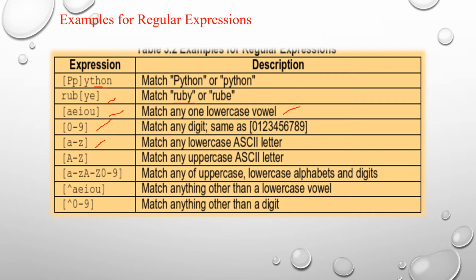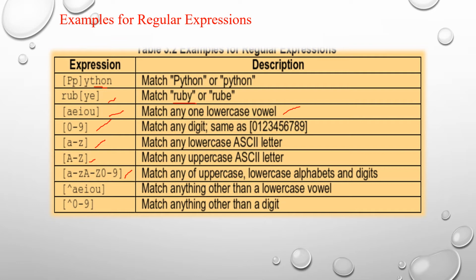The next one is [a-z]: match any lowercase ASCII letter. And [A-Z]: match any uppercase ASCII letters.